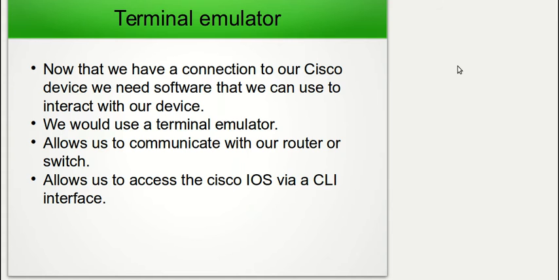And with a terminal emulator, we're able to access the Cisco IOS via a command line interface. When we enter commands, those commands are sent to the router or switch, and the router or switch will process those commands. And with those commands, we can activate different features and different functions on our Cisco devices.